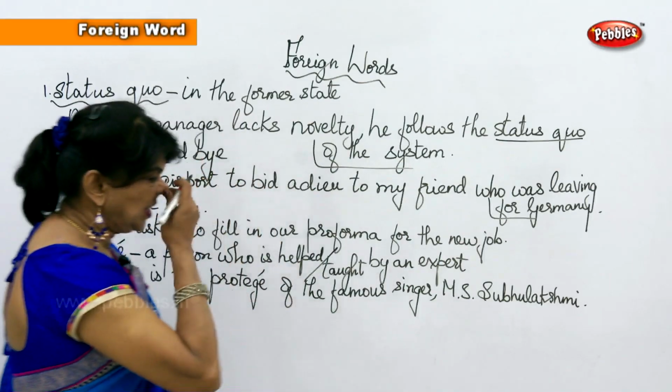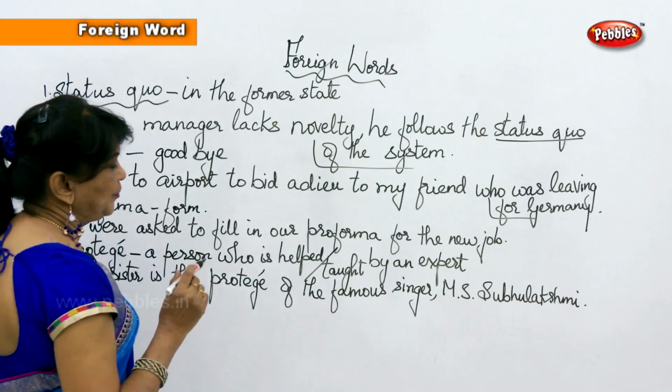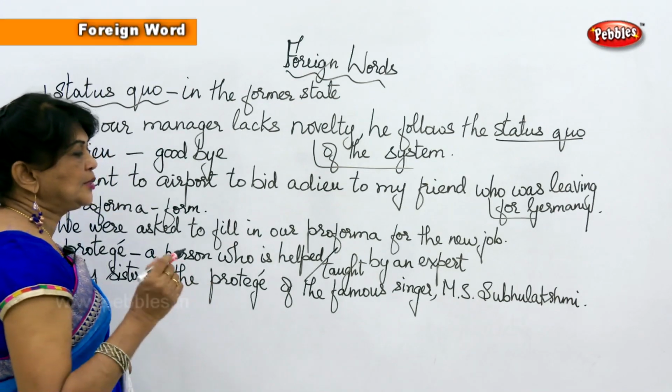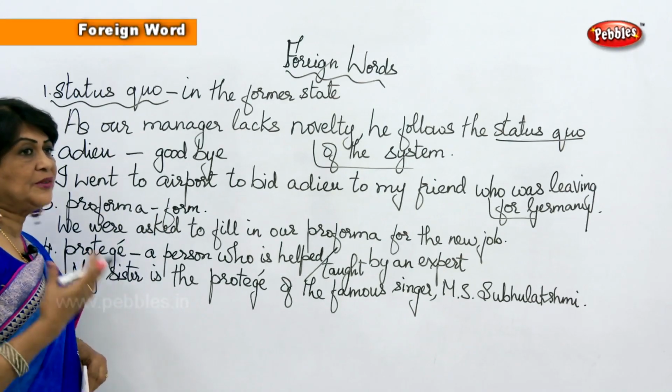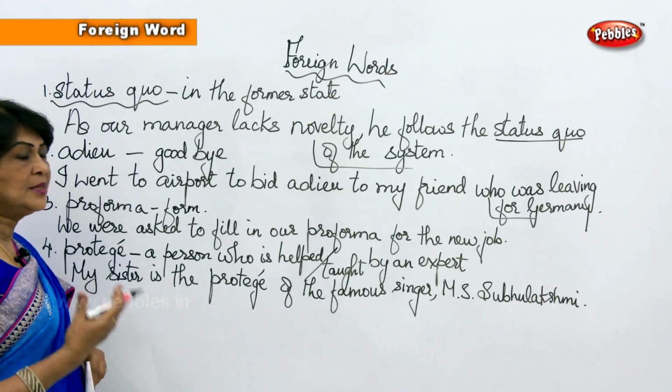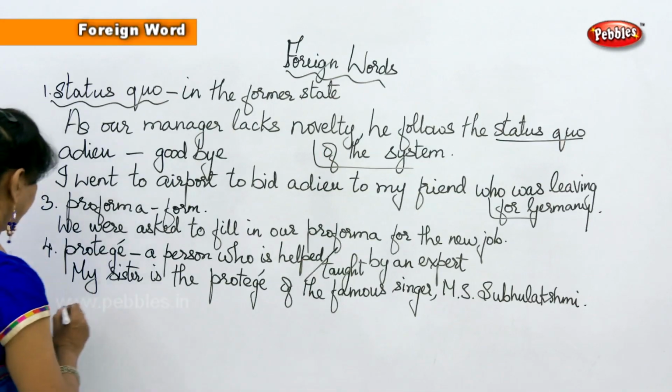Okay, do you understand now the meaning? My sister is a protégé of the famous singer M.S. Subbulakshmi. I am sure all of you know M.S. Subbulakshmi is a very famous Carnatic singer or vocalist.